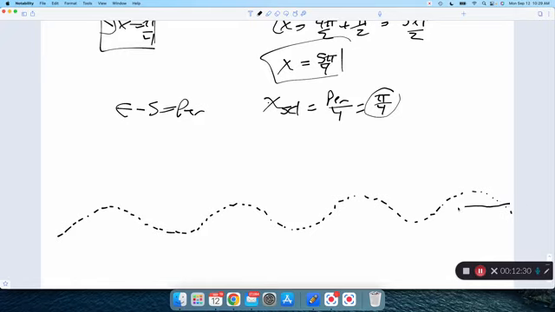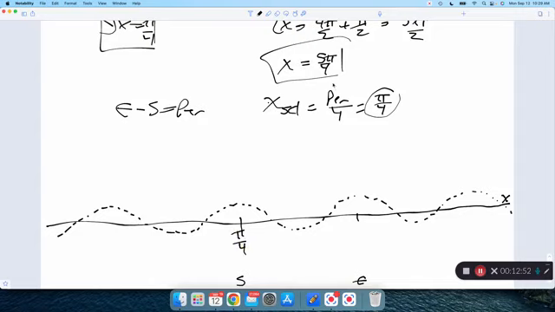We have no vertical shift, so the x-axis comes right through the middle. Okay, we're doing cosine. Cosine starts and ends at crests. So here's a start and an end. I just picked some random crests. I know what numbers to put there. Here's my start. Here's my end.